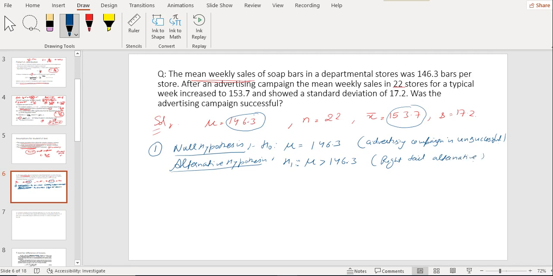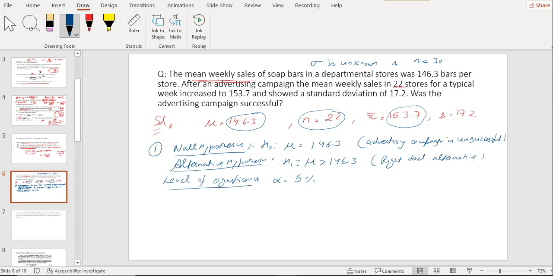Okay, what is the next step? The next step is to decide the level of significance. Let us suppose we are considering the level of significance alpha as 5% only, because it is not given in the question. Now because the sample size is less than 30, and the population standard deviation sigma is unknown, we are using the small sample test.